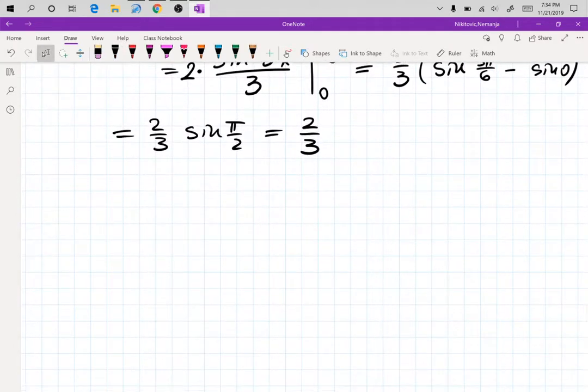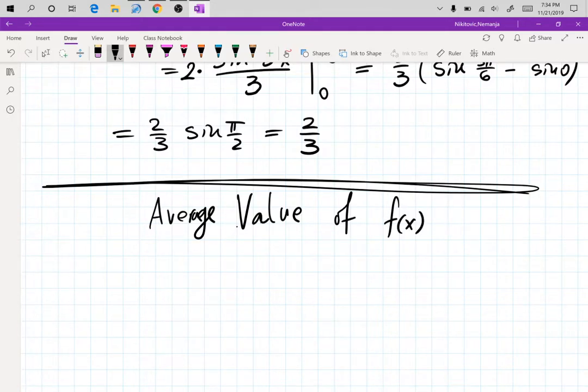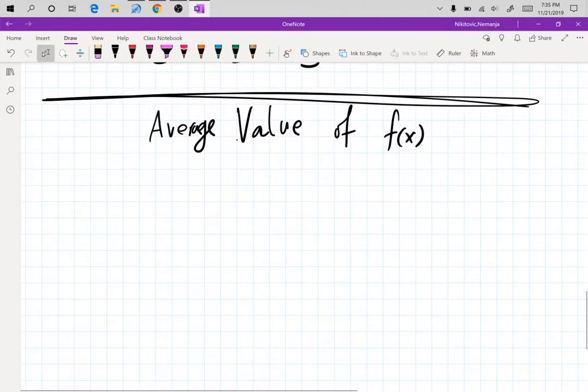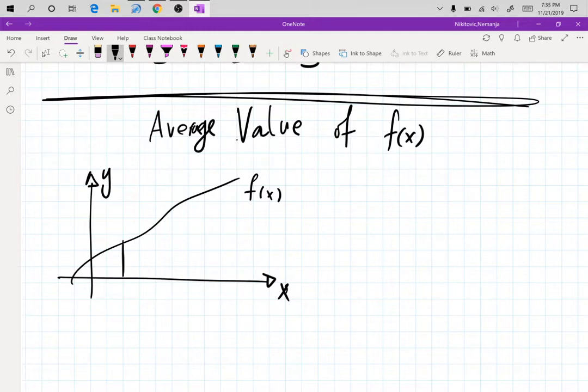So if you have some function f of x on the interval a to b, there is going to be an average value somewhere.